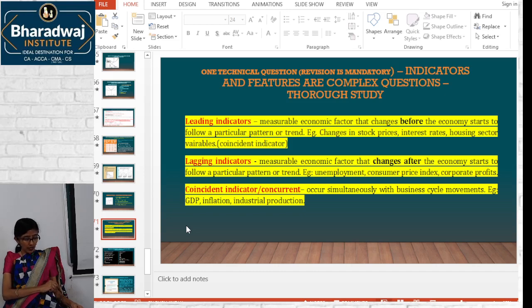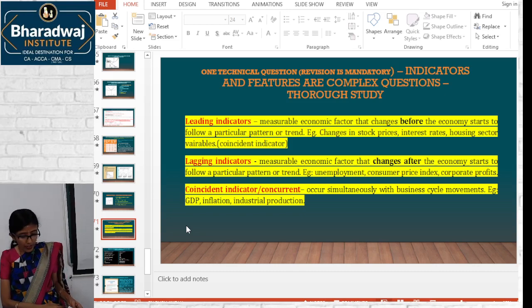Next one, the consumption of dash type of goods and services does not vary much during different phases of business cycle.